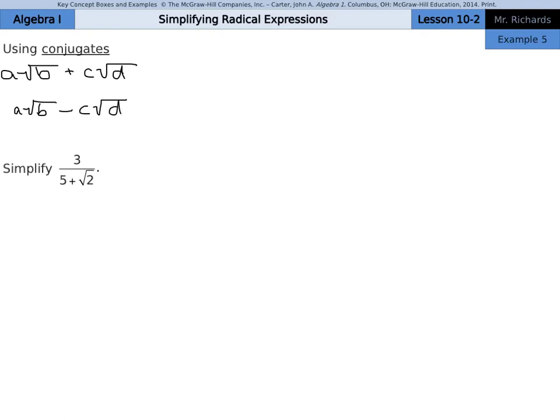If we look at something like 3 plus the square root of 7 and 3 minus the square root of 7, those are technically conjugates. Now what happens if I were to multiply these together? I would have 3 plus the square root of 7 times 3 minus the square root of 7.